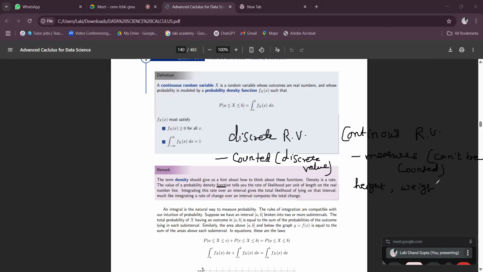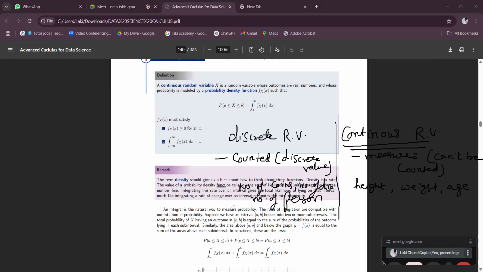Weight, age, these are considered continuous random variables. Number of coins, number of dice, number of persons, anything which can be counted is considered a discrete value, right?